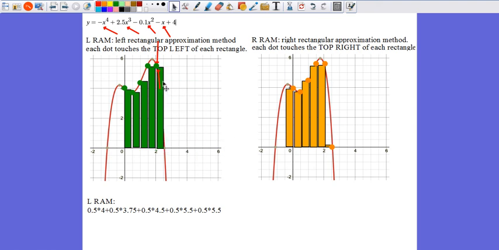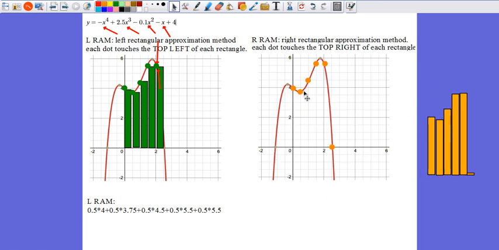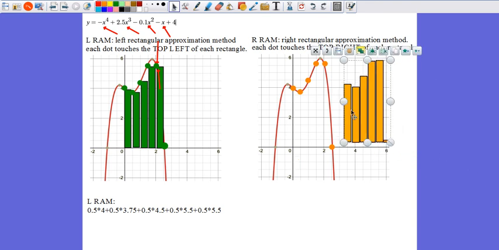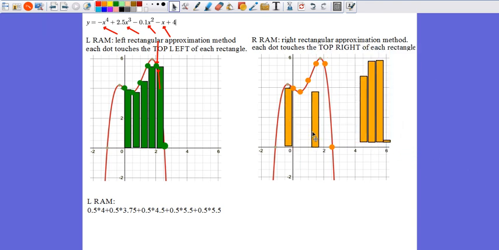Now, right rectangular is where you do the same thing. Draw dots, and then you draw rectangles where the dot touches the top right. So here it touches the top right.